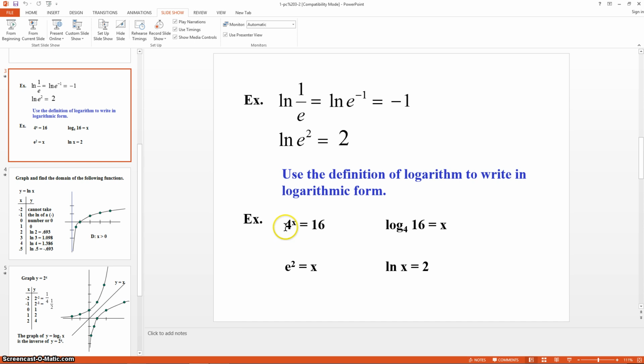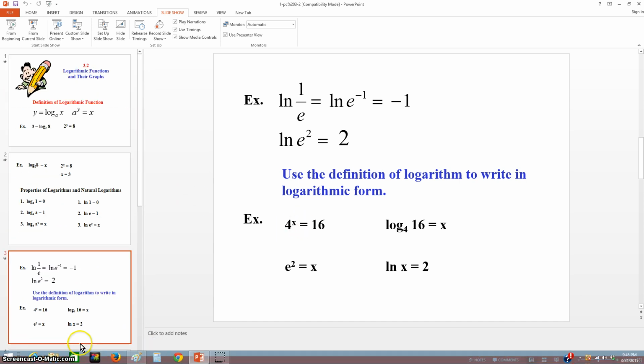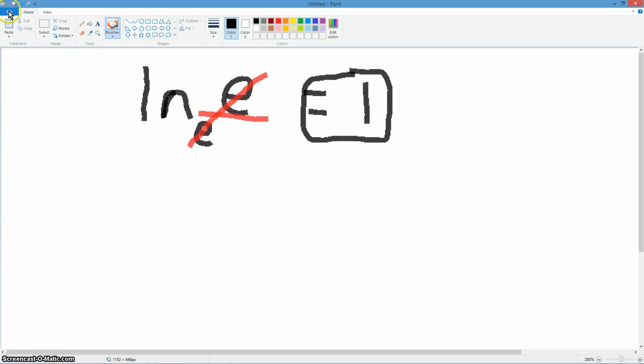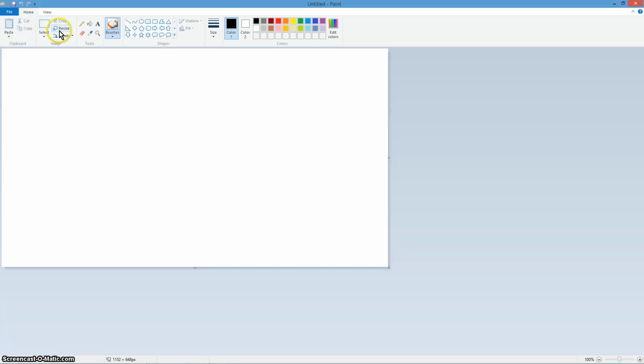Okay, so let's go back. And I'm going to actually work this problem out with you. We have 4 to the x equals 16. So that is in the form a to the y equals x.